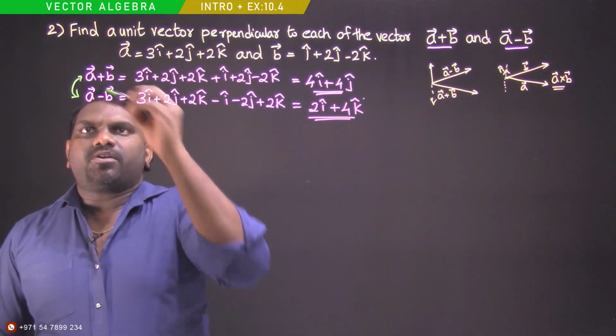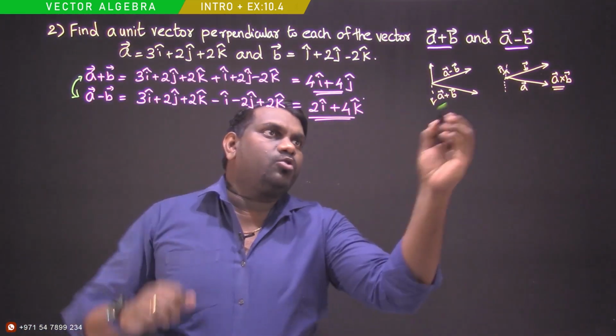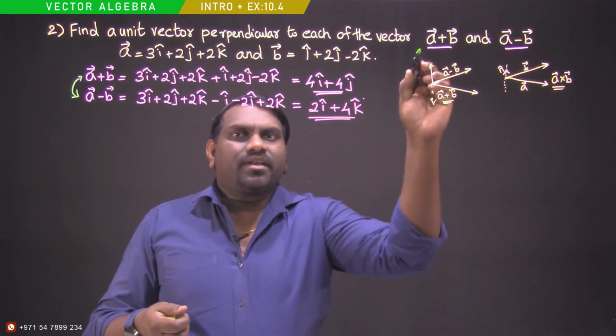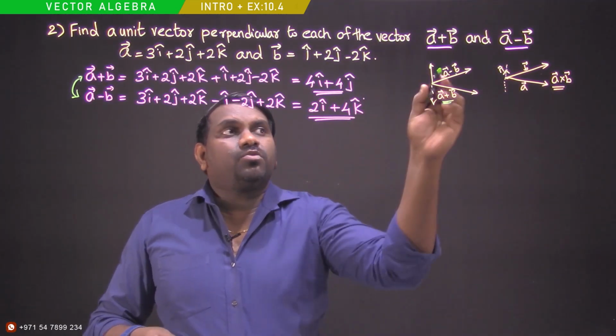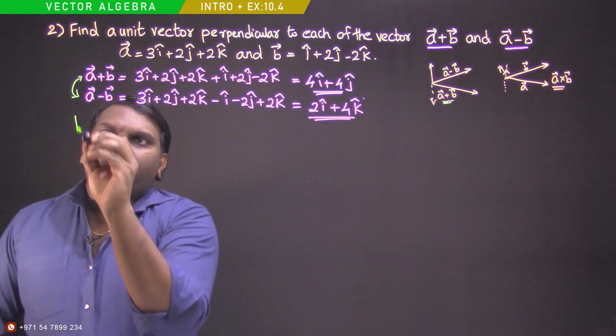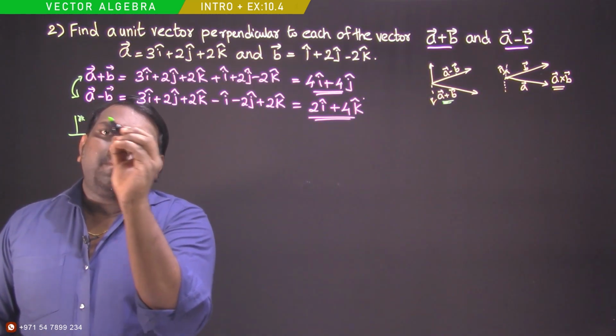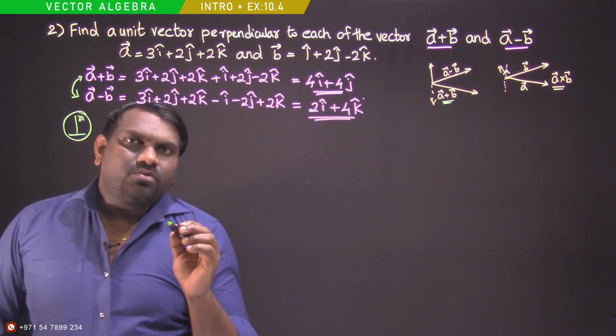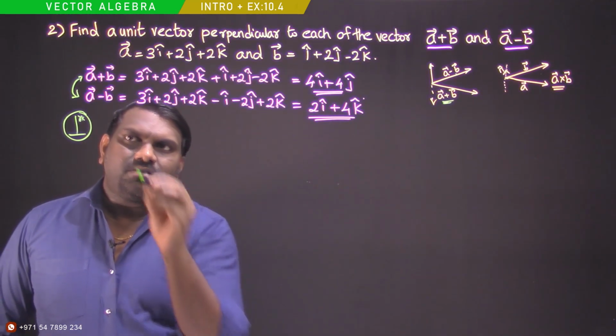That is pretty important, because these two are the two vectors I need, in order to find the vector which is perpendicular to these two. What do I need to do in order to find the perpendicular vector?